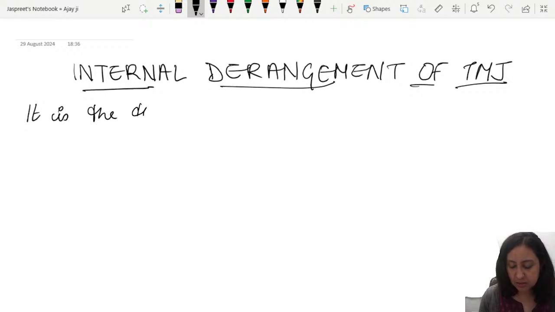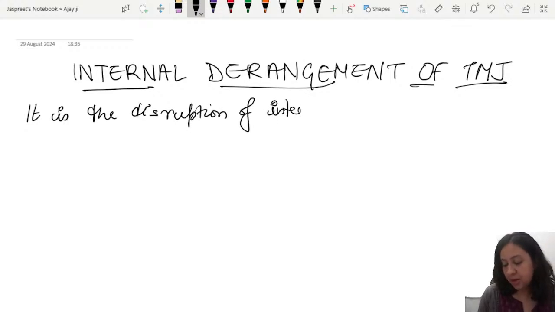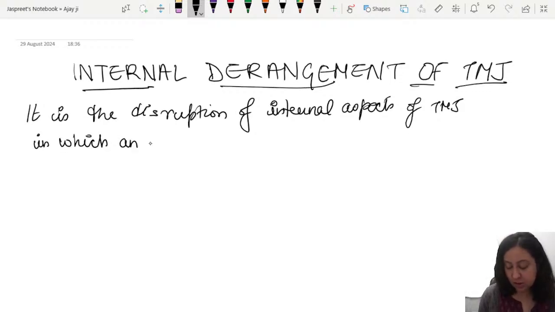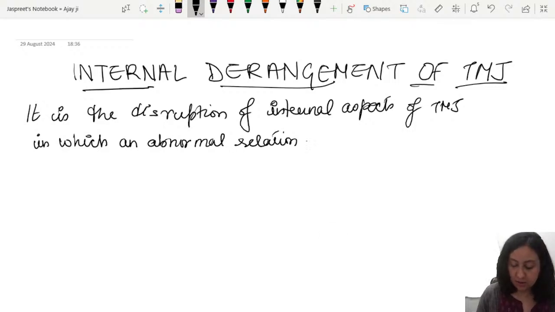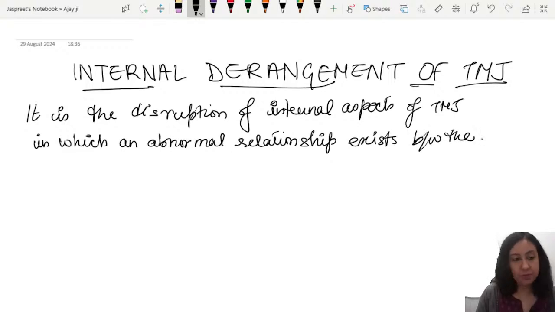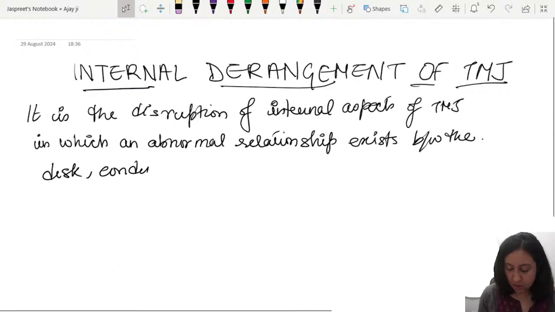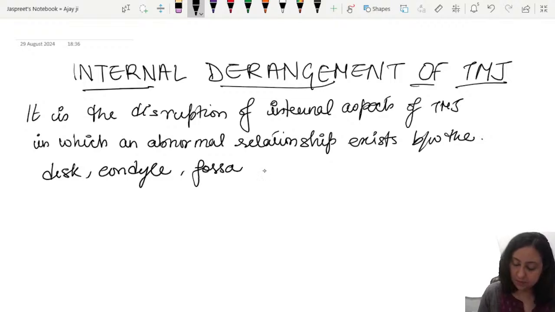It is the disruption of internal aspects of TMJ, in which an abnormal relationship exists between the disc, condyle, fossa and articular eminence.